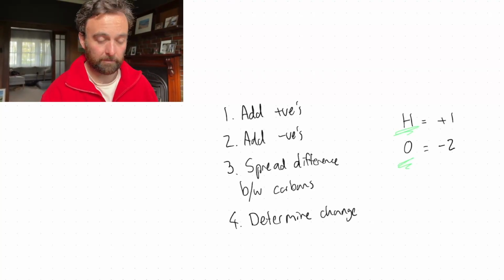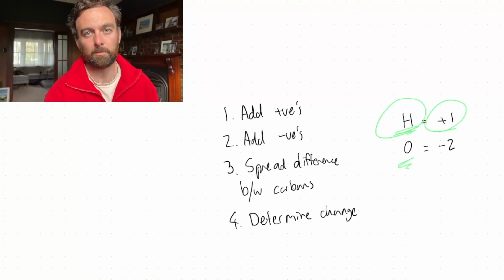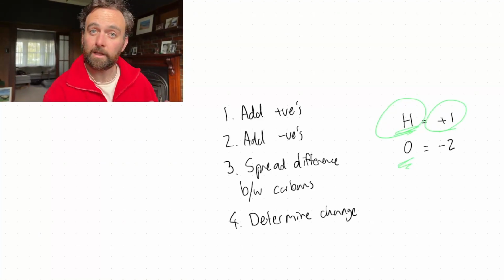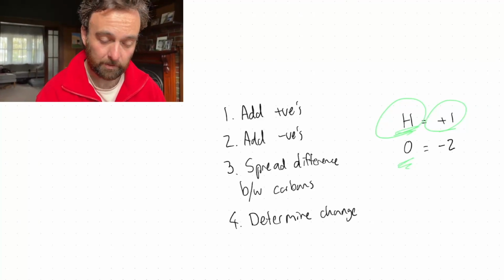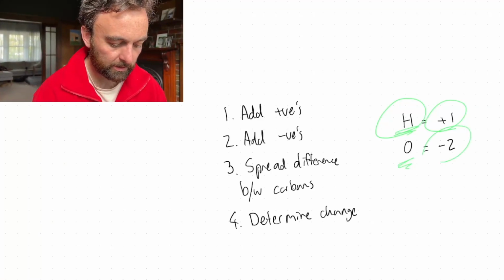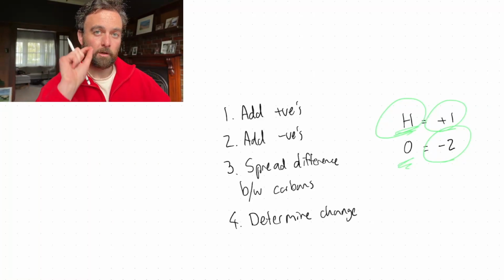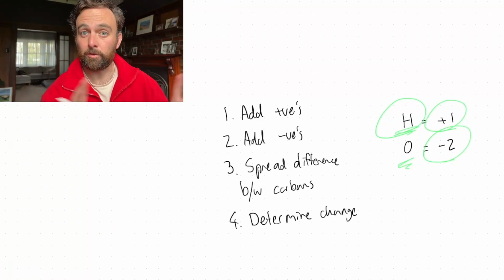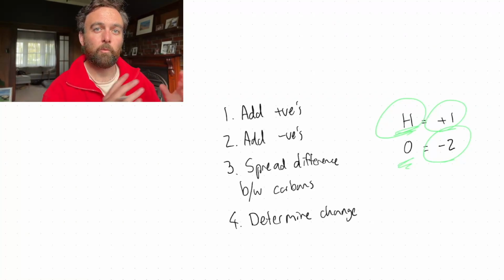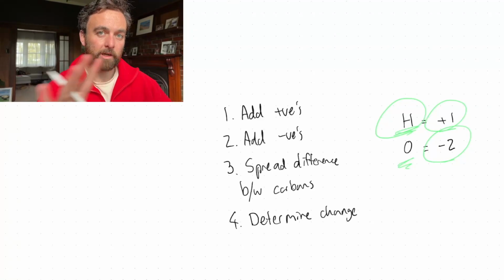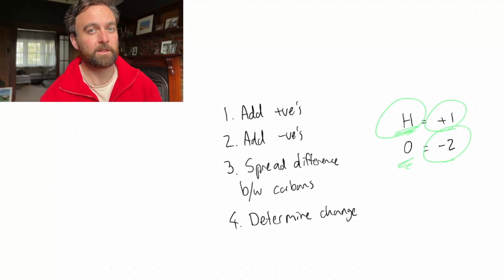All the positive things are going to be the hydrogens, which have a +1. You just need to remember these, but luckily they are just the charges of those atoms: hydrogen is +1 and oxygen is -2. So you draw out your molecule, write down +1s and -2s everywhere, add up all the positives, add up all the negatives, and whatever the difference is, you spread that across the carbons, because overall the molecule needs to be 0.